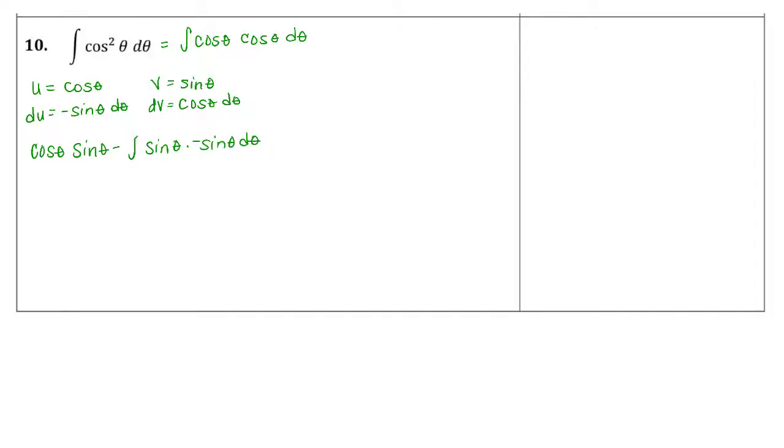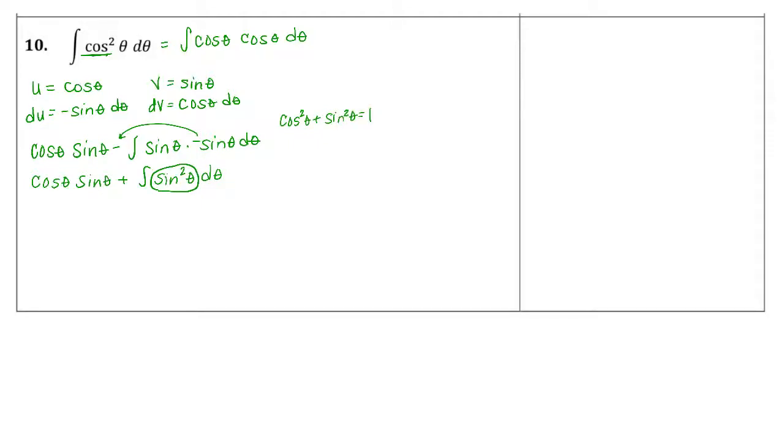So I would move that negative out. So we have cosine theta sine theta plus the integral, and notice that's going to be sine squared theta d theta, which is really strange because we started with cosine squared. So really right here we have a trig identity that tells us that cosine squared theta plus sine squared theta is 1.